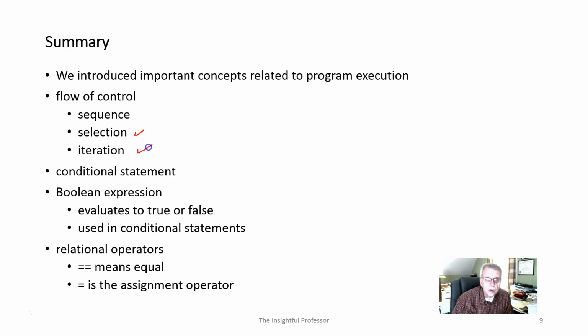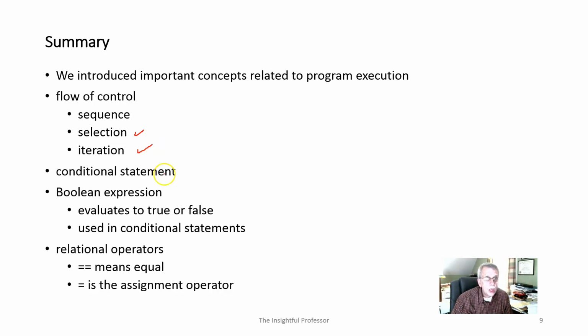Likewise, we hinted that there's another control structure called iteration for loop processing, but that also will involve the use of some kind of conditional expression or Boolean expression. So we're getting you ready to introduce these alternative flow of control structures, and we'll do that in a subsequent video.